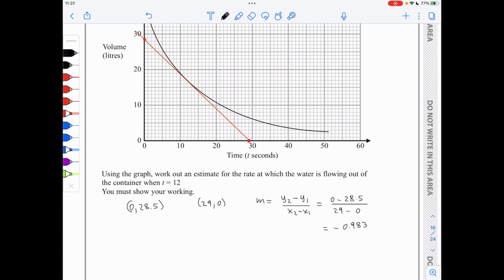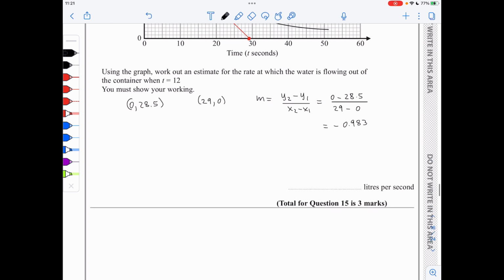So the rate at which the water is flowing out is 0.983. We do not include the negative sign. It's incorporated in the expression flowing out. And it's worth noting that the examiner here is accepting anything from 0.7 up to 1.1.